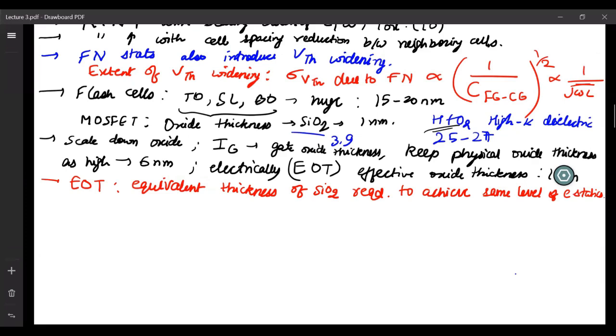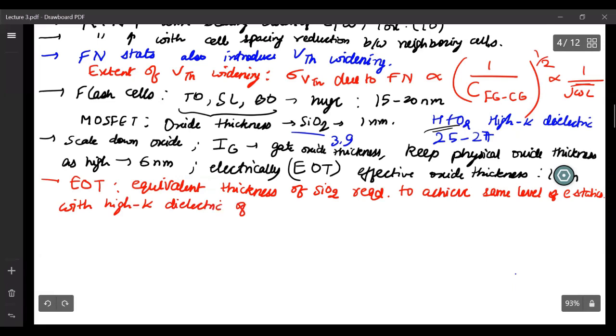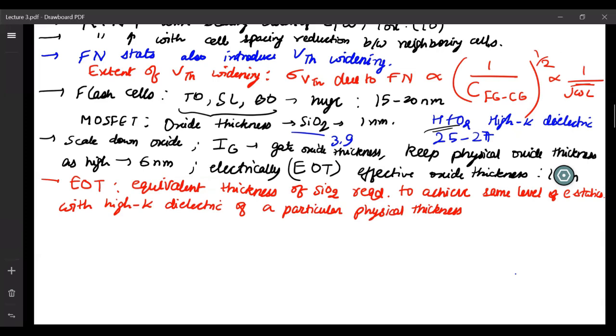The same level of gate control with another dielectric, which can be a high-K dielectric, of a particular given physical thickness. So if you have been given a particular thickness of a high-K, you can convert it to how many nanometers of SiO2 it corresponds to.